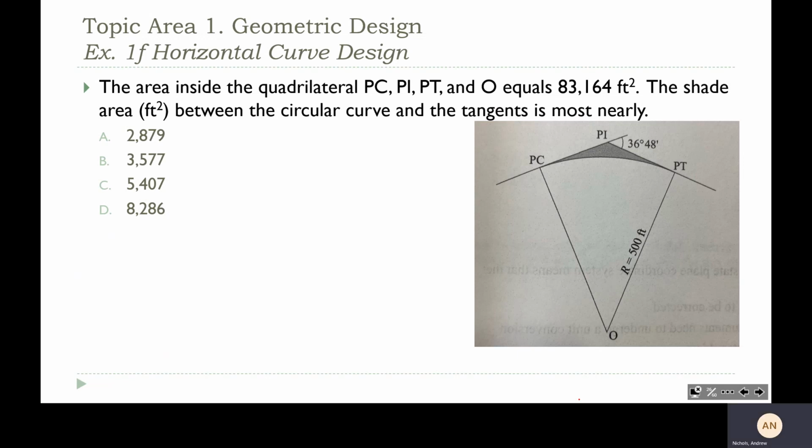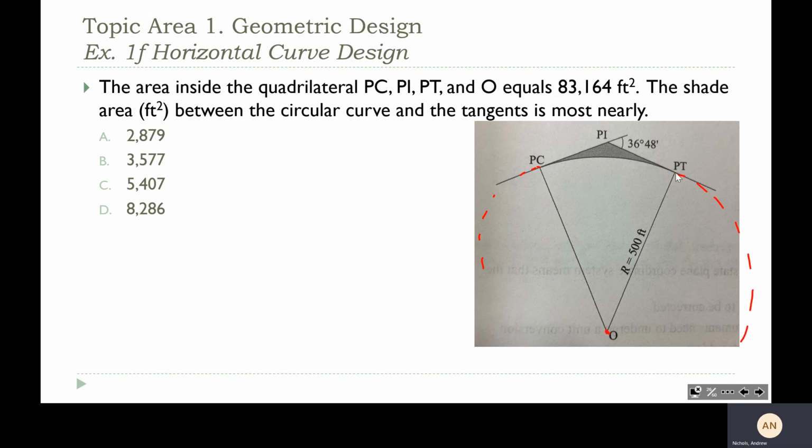Anybody? So what do you think we can use? So this one has almost nothing to do with horizontal curve. So you need horizontal curve elements to get to the answer. But really remember that this is a portion of a circle, right?